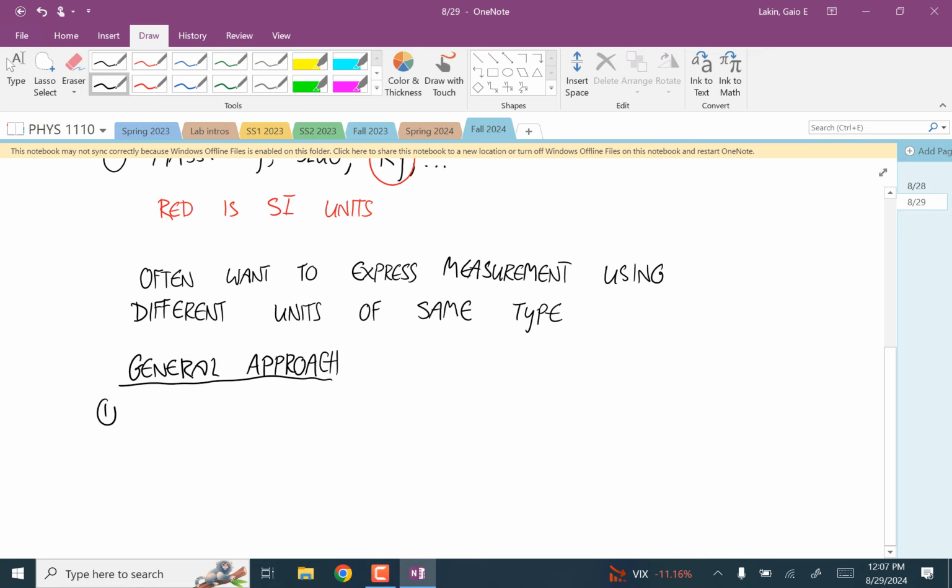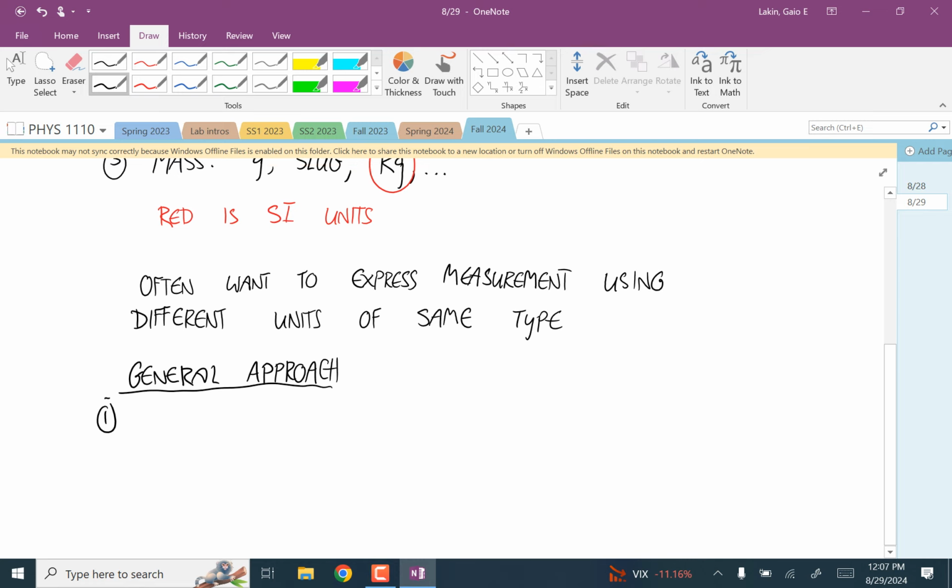The first thing is there is always an equality that you can write between different units of the same type.